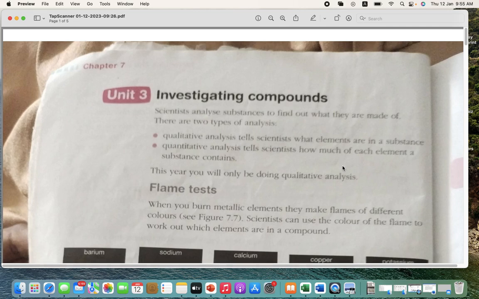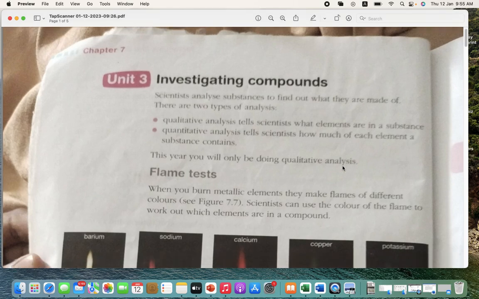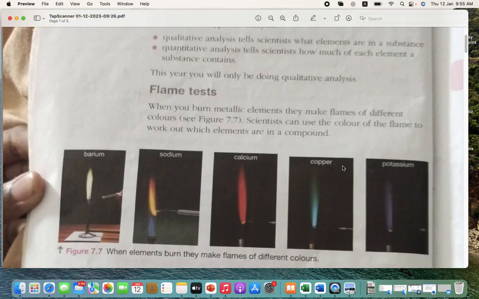One of the ways is what we call the flame test. In the flame test, the scientists burn the metallic element. When you burn the metallic element, like the way you burn a candle, it will make flames of different colors.